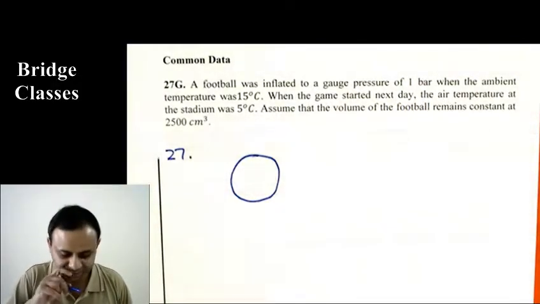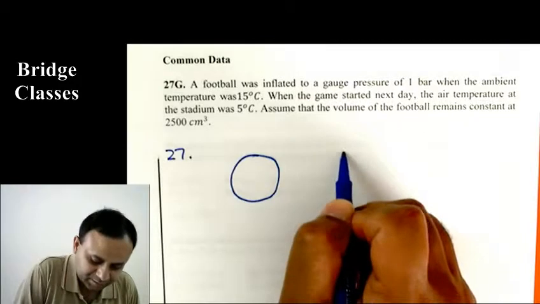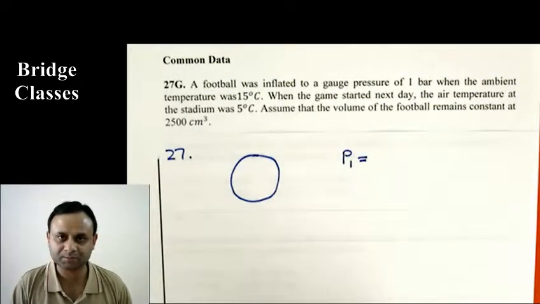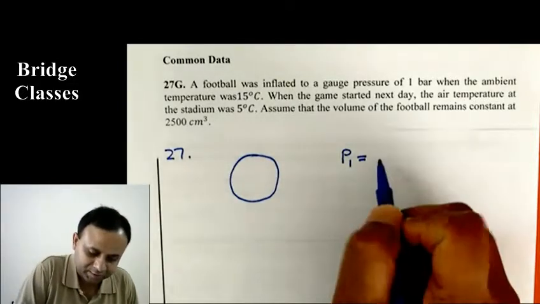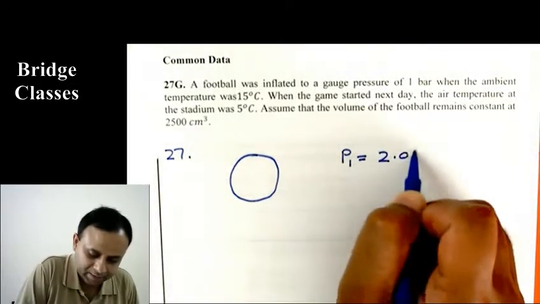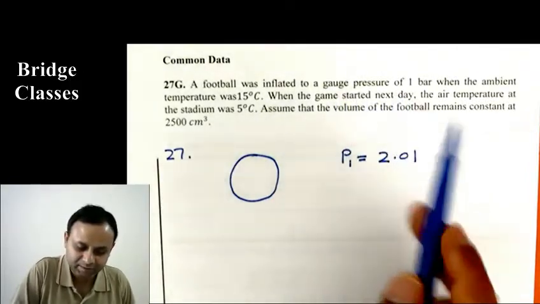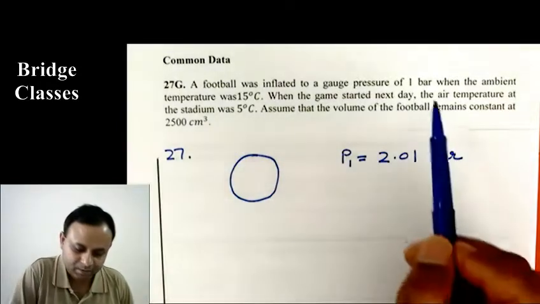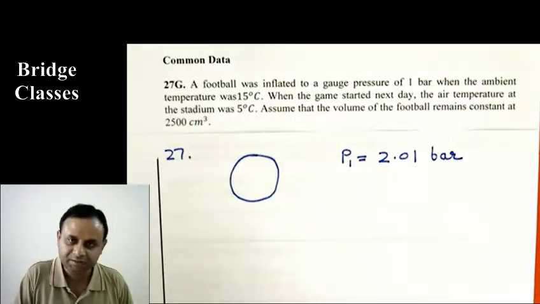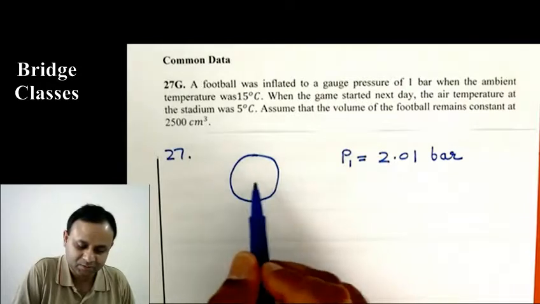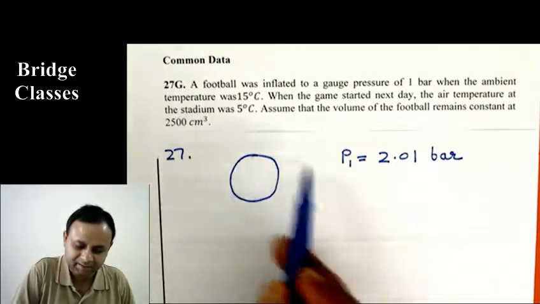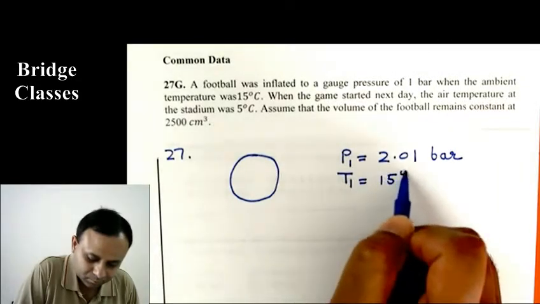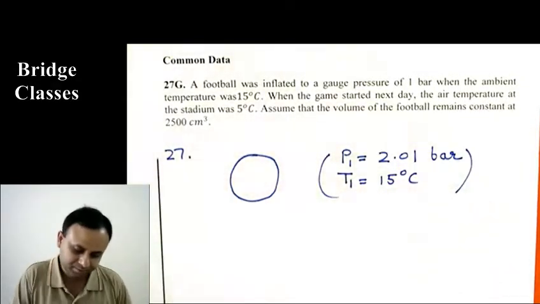So if gauge pressure is 1 bar, the absolute pressure, because atmospheric pressure is 1.01 bar, is 2.01. You are adding atmospheric pressure to the gauge pressure. So this is the pressure it was inflated to, when the ambient temperature was 15 degrees C, that means the temperature of the air inside, everything, is 15 degrees C. So those are the conditions of this football.